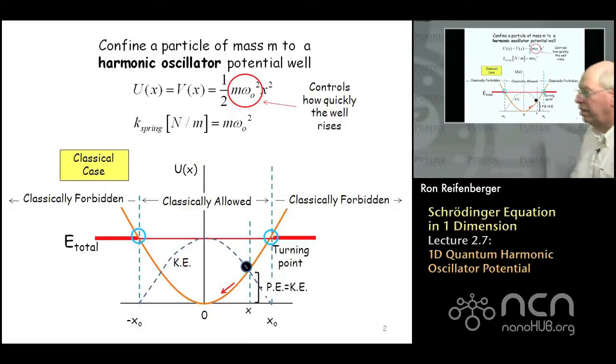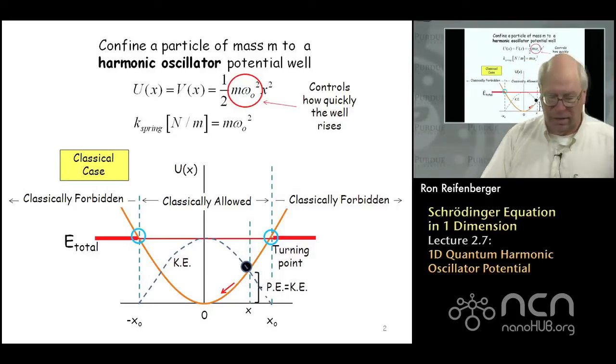So this is, of course, the case when there's no friction involved, right? If there's friction involved, then clearly the amplitude of the particle oscillation will decrease with time. But if there's no friction, the particle will just oscillate back and forth forever, always achieving this same turning point as the particle oscillates.